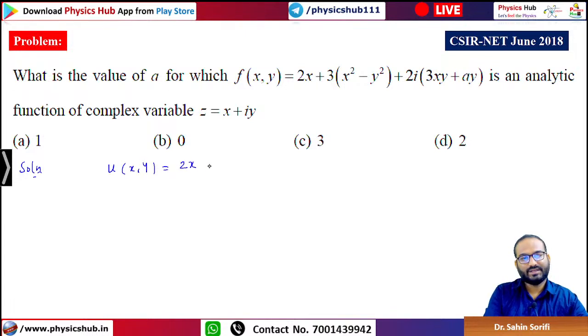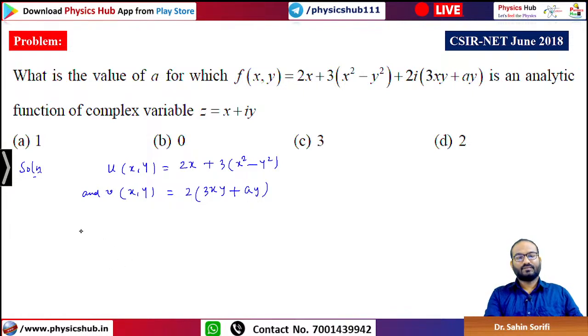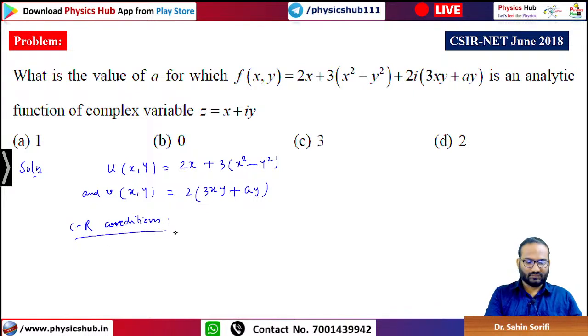That is (2x + 3)(x² − y²), and v of xy is 2 times 3xy plus ay. Cauchy-Riemann conditions. Option A is coming now.